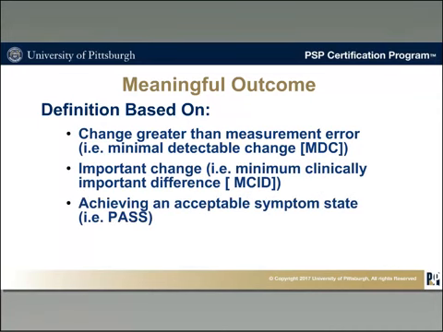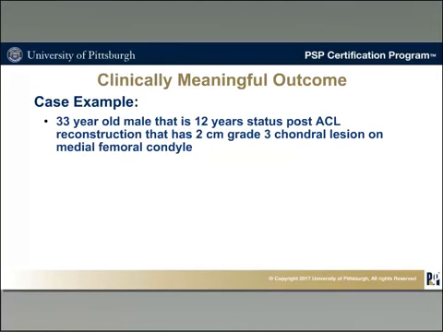Or perhaps you might want to get the patient to say that the current state of their low back pain or their neck pain is now acceptable to them, and that is what is known as a patient acceptable symptom state, or a PASS. Or perhaps we might want to compare to population normative data.